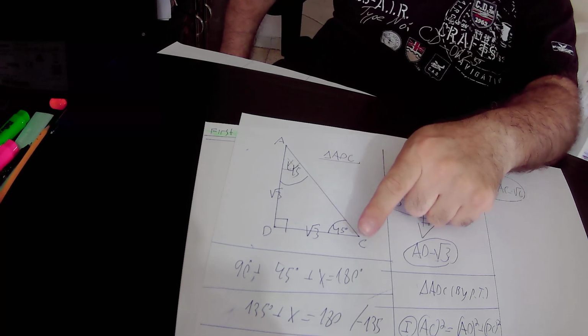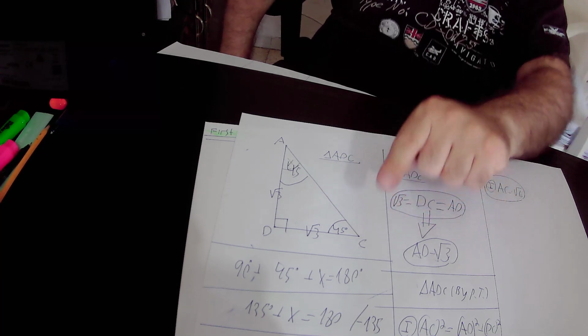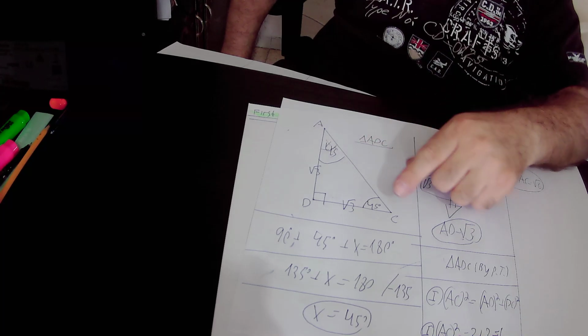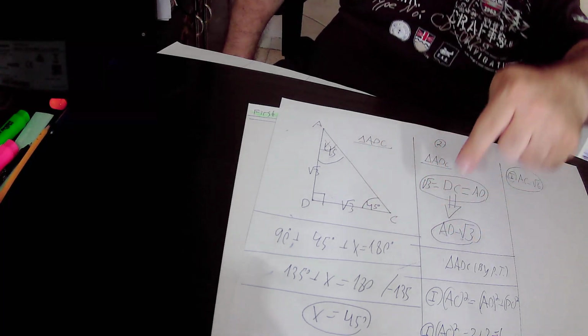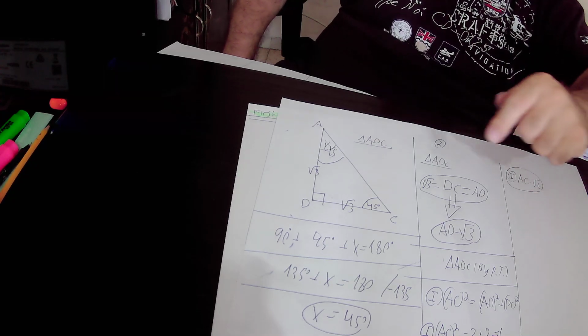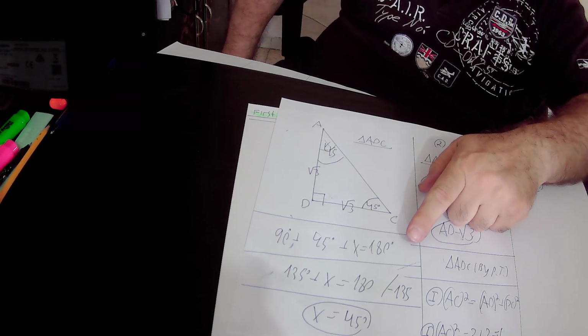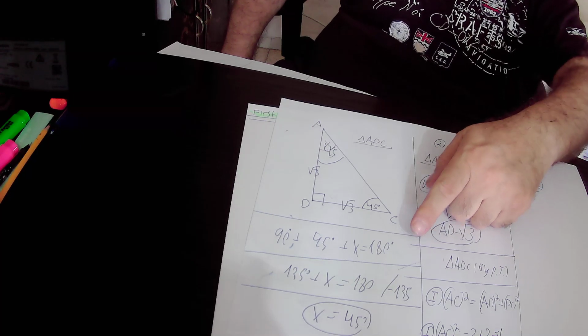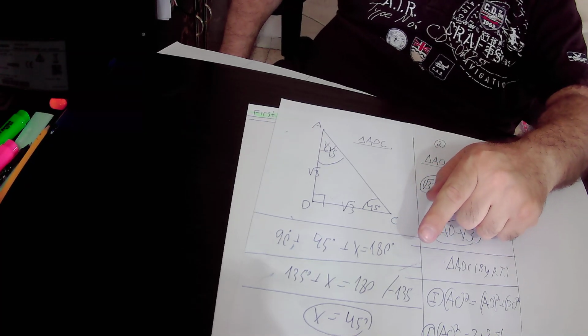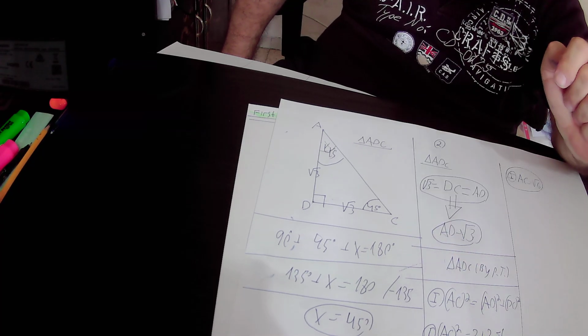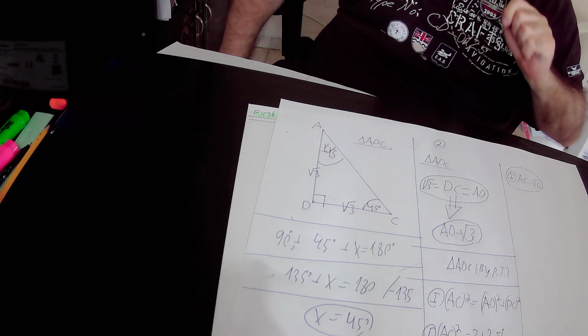In total, the sum of the three angles must be 180 degrees. So 90 degrees plus 45 degrees is 135 degrees, and 135 degrees plus x must equal 180 degrees. We subtract 135 degrees and find that the missing angle x equals 180 degrees minus 135 degrees, which is 45 degrees. So this angle equals 45 degrees.